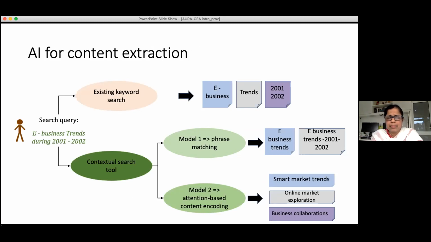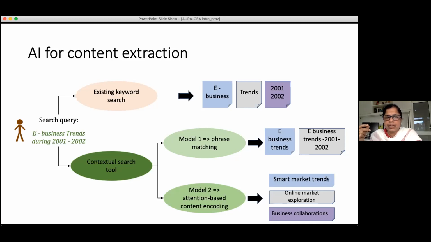Any normal human being understands what information he wants, but the existing keyword search works in such a way that it splits the words within the query and provides results with e-business trends, 2001 and 2002, some numbers 2001 and 2002, all those mails that we may get as a search result.